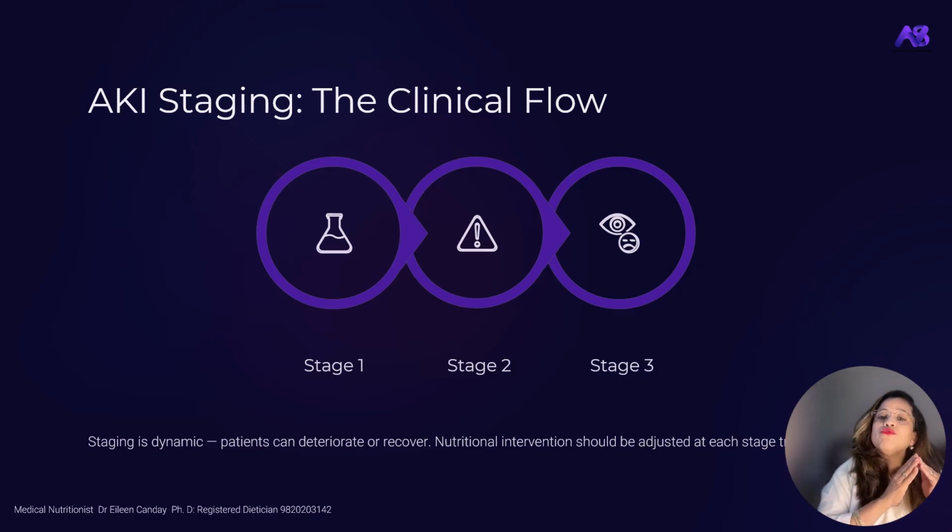A patient can move in either direction. Either they improve and recover to an earlier stage, or they can worsen or progress to a more severe stage. Now, nutritional intervention hence also must be dynamic based on the responsiveness and the staging system.